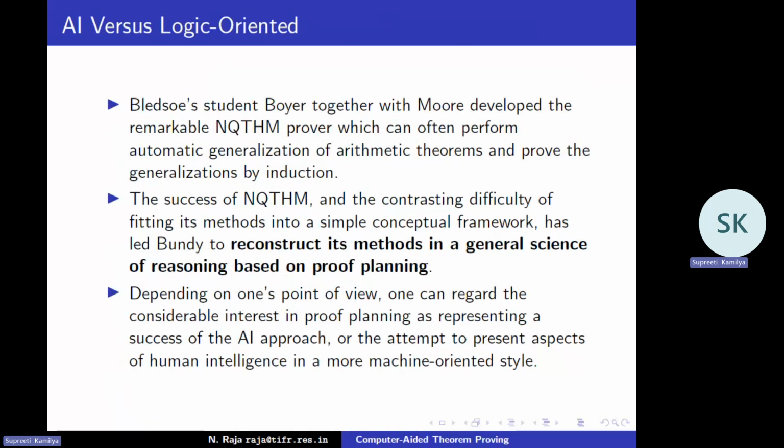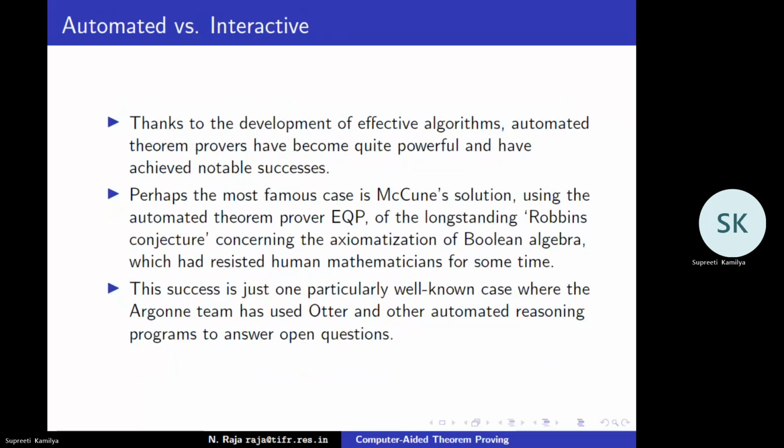The success of Boyer and Moore's system led Alan Bundy to come up with a system which has a simple conceptual framework, which he calls a system of reasoning based on proof planning. So depending on the point of view that you have, there has been considerable interest in both approaches to theorem proving, both the human approach with computers and a completely machine-oriented style.